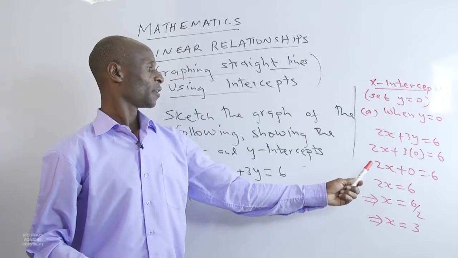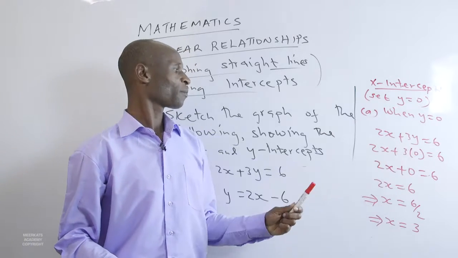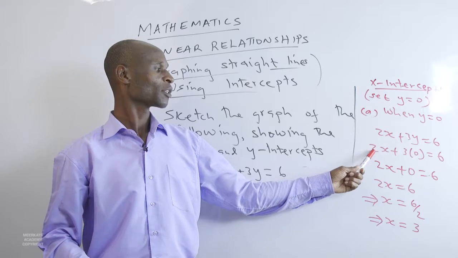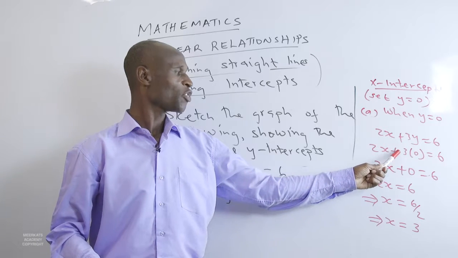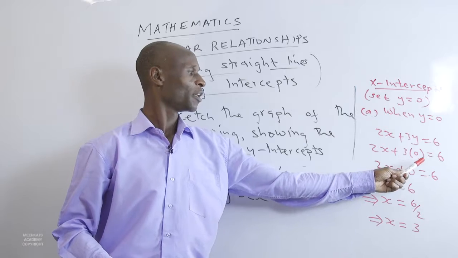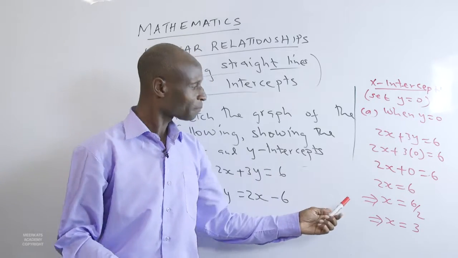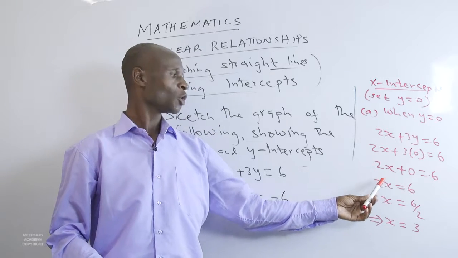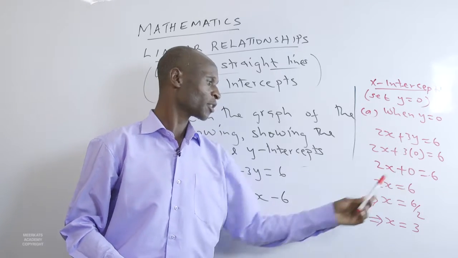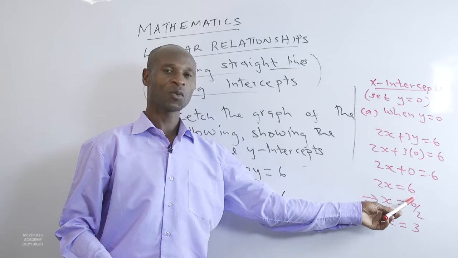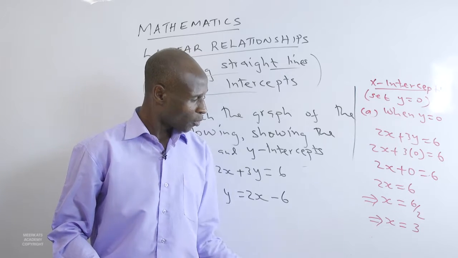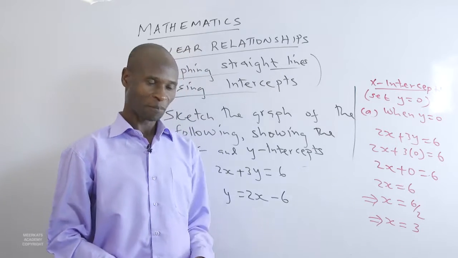When the value of Y is 0, our equation becomes 2x plus 3 multiplied by 0 is equivalent to 6. Then we simplify further, and that leads us to 2x plus 0 is equal to 6. So 2x is equal to 6, and therefore we have the value of x as 3.